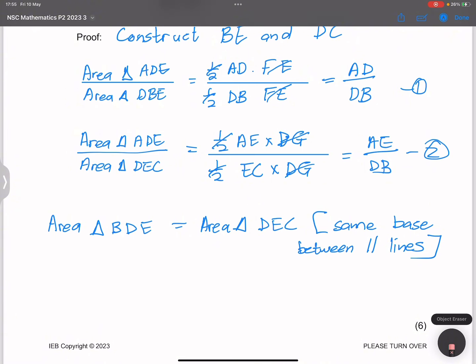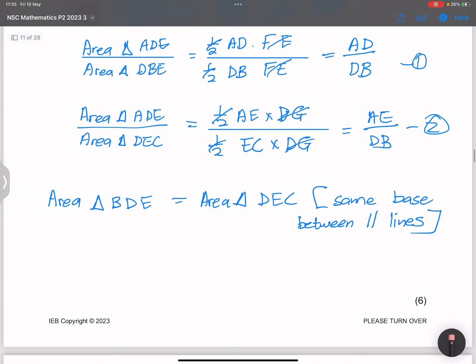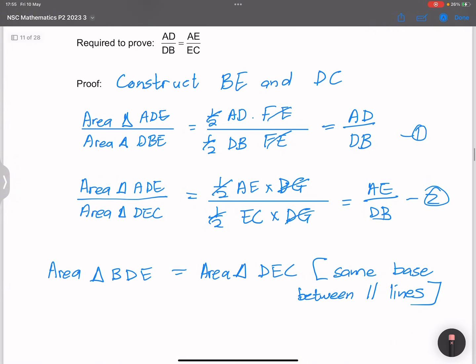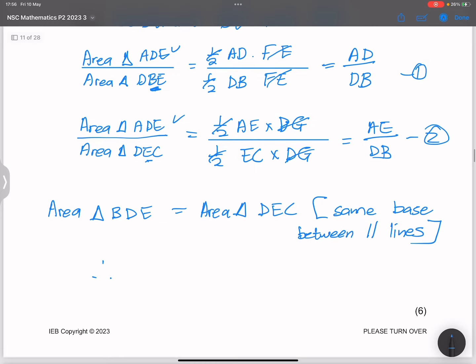And so now if you think about it, ladies and gents, on the top part you did have triangle ADE, it's the same triangle, but we found out that triangle DBE is equal to DEC, and so therefore we can say that equation 1 is equal to equation 2.